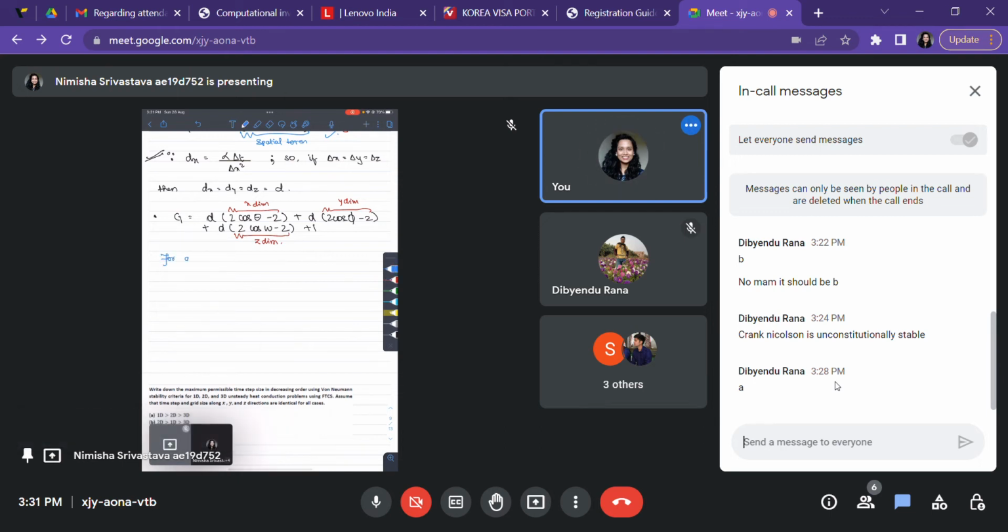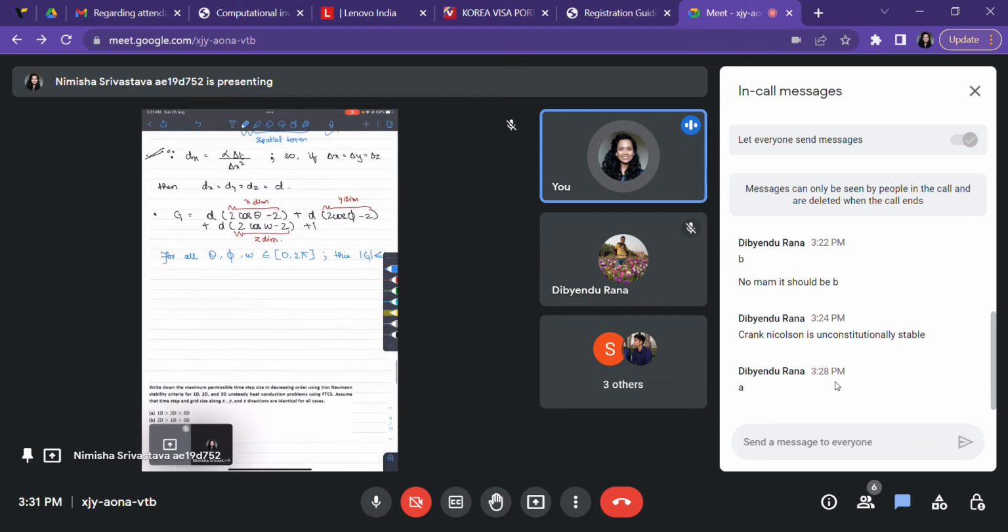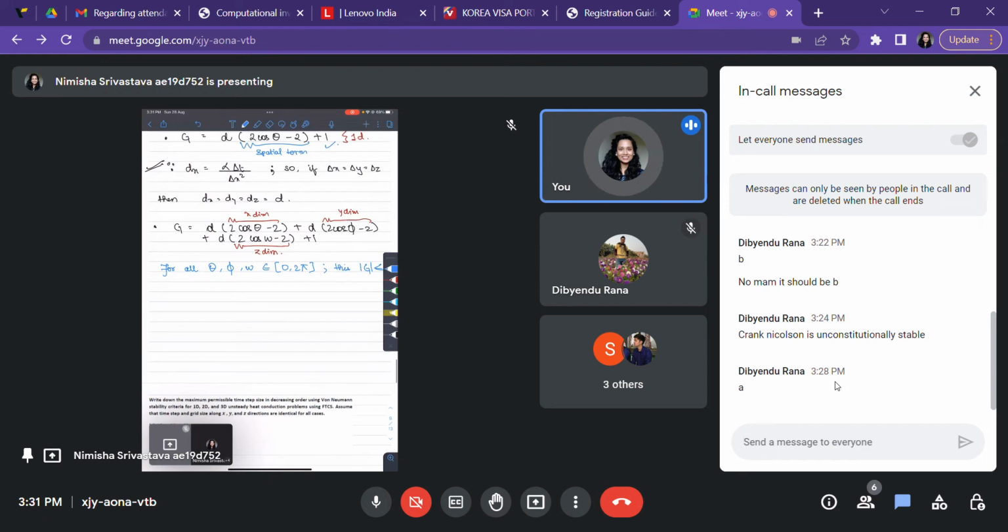For all theta, phi and omega, the same condition will apply: when theta, phi as well as omega are equal to pi, then the coefficient of d will be maximum.